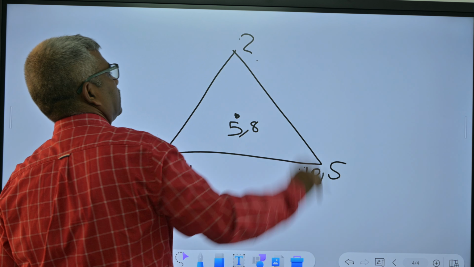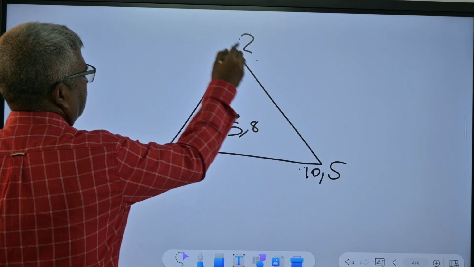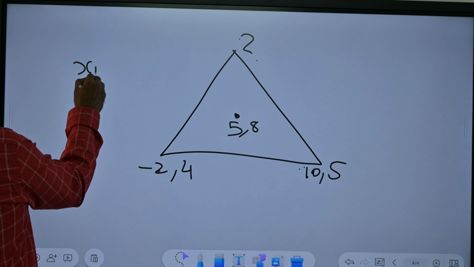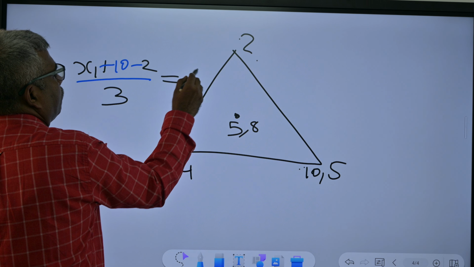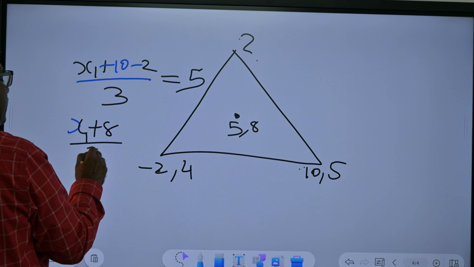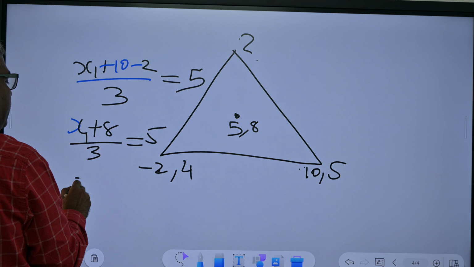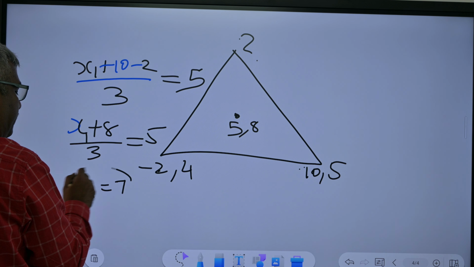How will you do it? x1 plus 10 minus 2 divided by 3 is equal to 5. x1 plus 8 divided by 3 is equal to 5. x1 is equal to 15 minus 8, 7.